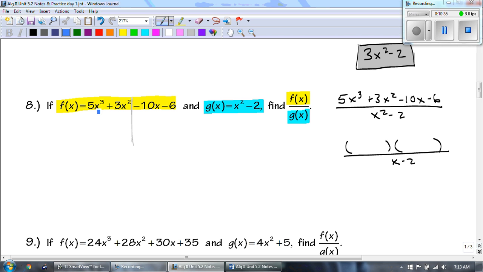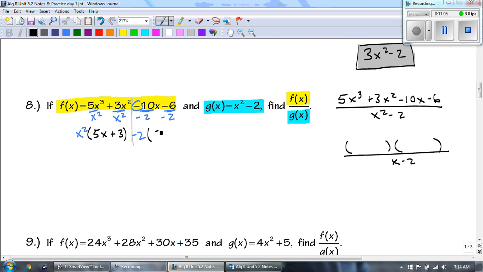Okay? So the GCF of the first group is only x squared. So the x squared comes out front, and I'm left with 5x plus 3. Now the back, I need to take out the GCF again. It's negative, so the only number that goes into 10 and 6 is a 2.